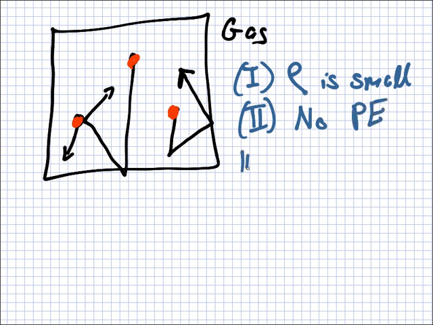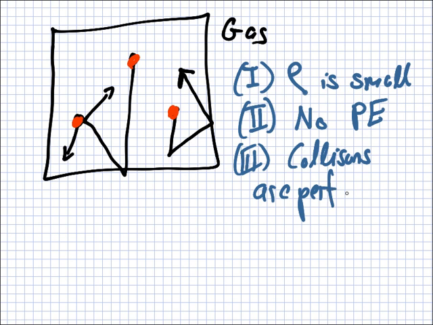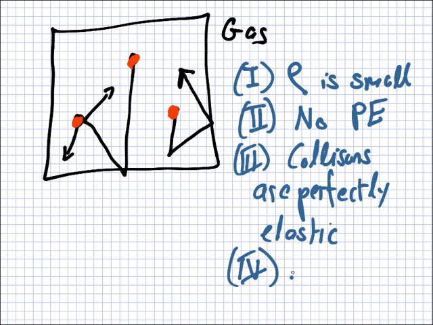Number 3, that the collisions are perfectly elastic. There's some assumptions there. No force between particles. There's 4.